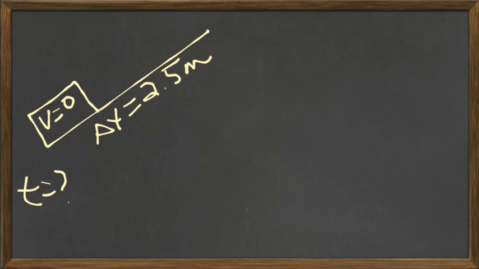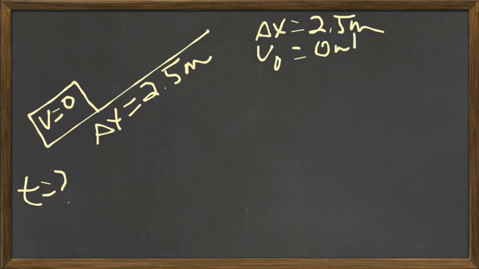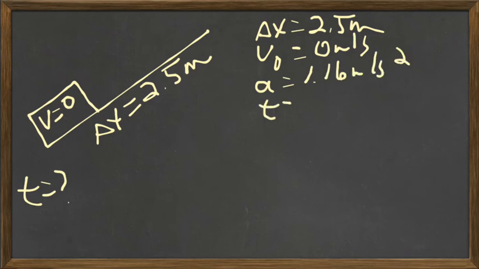So I have my information, delta x, 2.5 meters, v0, 0 meter per second. And I know acceleration, 1.16 meter per second squared. I want time. I asked myself, is there one formula that takes all of these three bits of information and lets me solve for that guy? And there is.